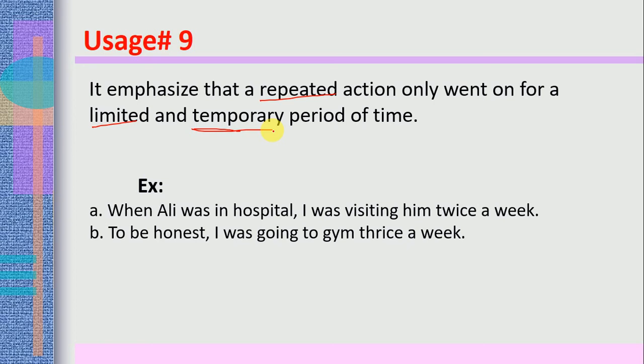To be honest, I was going to the gym twice a week. Here too, a temporary action was repeated. So whenever you show a temporary or repeated action, use the past continuous tense. Okay.